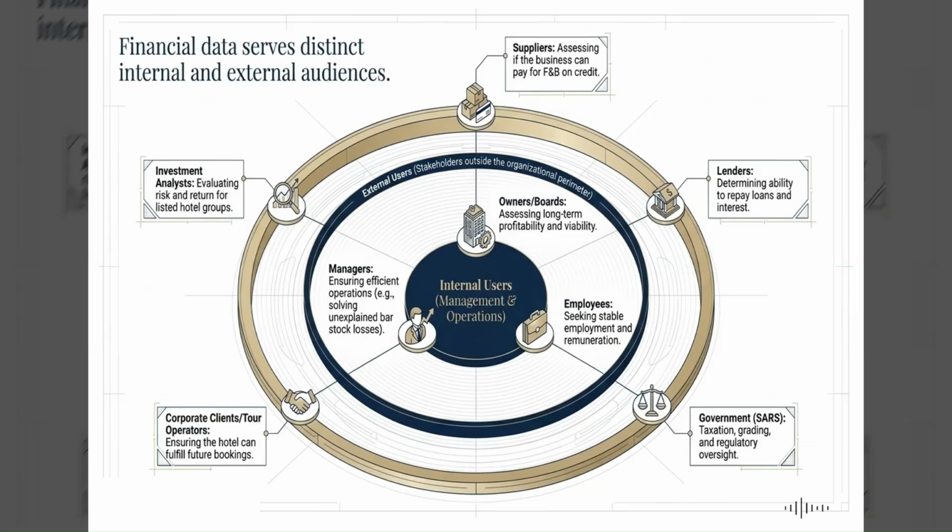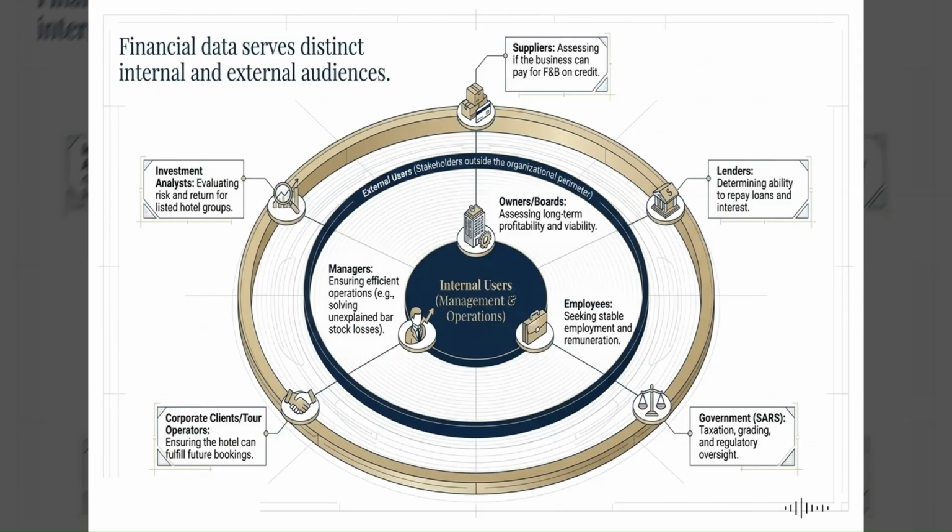Managers need operating detail. Which department is underperforming? Is the kitchen holding its food cost percentage? Are we running efficiently? Managers receive information that is more frequent, more granular, and more forward looking than anything an outsider ever sees.